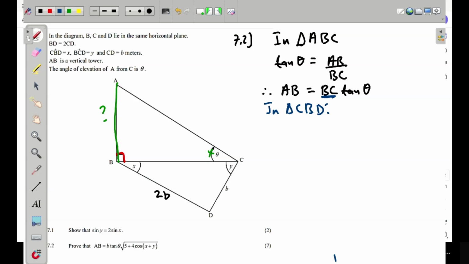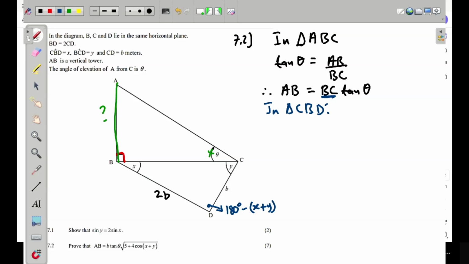And I notice that the angle which is opposite to the side BC is an unknown angle which I need to calculate by using interior angles of a triangle. So that angle will be 180 degrees minus the sum of x and y. That's what it is going to be. So I must be aware of that fact.